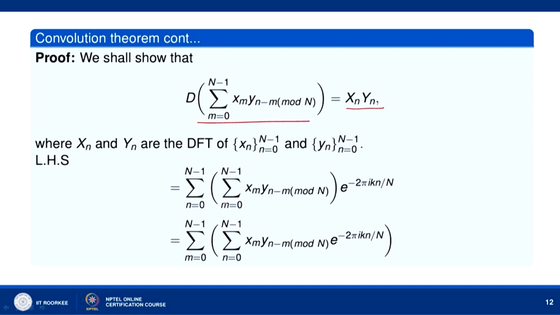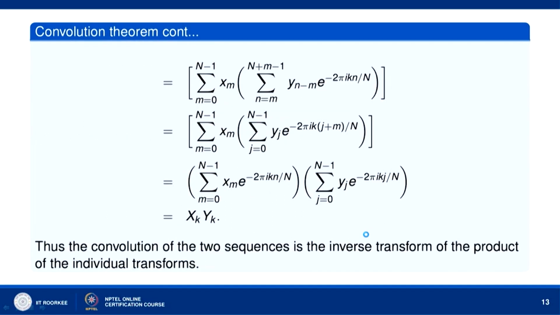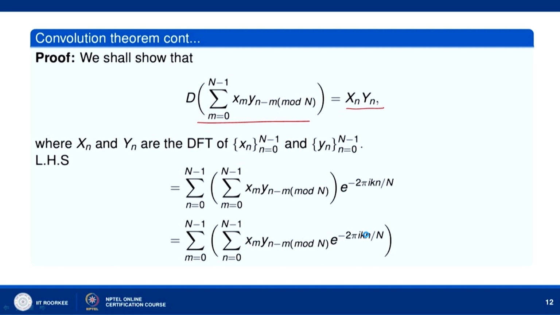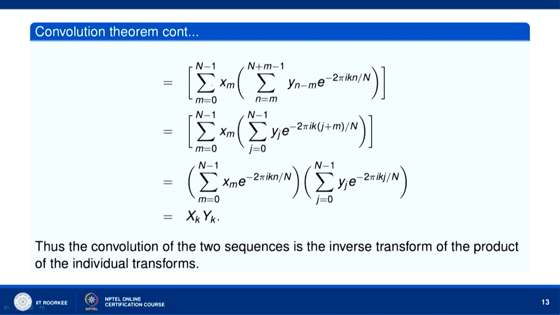So, the sum over m equal to 0 to N minus 1 is written outside, and inside we write the sum over n equal to 0 to N minus 1 of y of (n minus m) modulo N times e to the power minus 2 pi i k n by N. Now, x m is independent of n, so I can write it outside the summation over n.